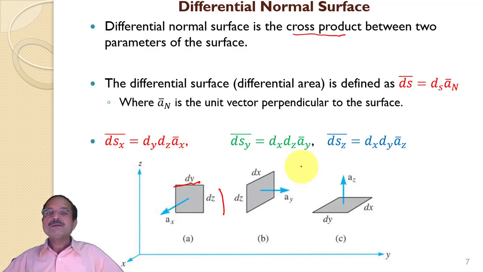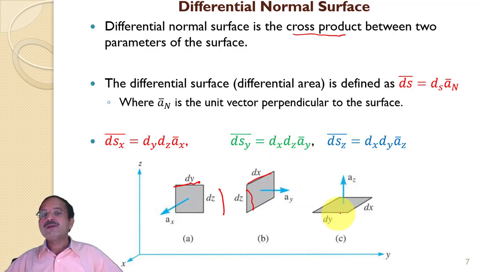In the same manner, if I consider this differential surface, one side is dx, the other side is dz. The product of dx and dz gives me the differential area, and the direction is normal, that means in the y direction. So this is dsy, that is dx dz ay.